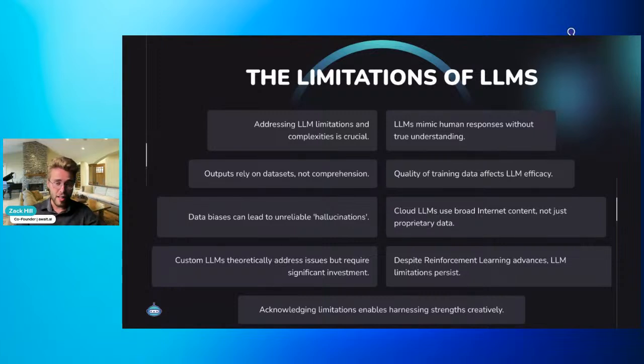While often compelling, their outputs come from vast data sets rather than genuine comprehension. The efficacy of LLMs is deeply intertwined with the quality and scope of their training data. Inaccuracies or biases within this data can lead to outputs known as hallucinations, challenging the reliability of LLM-generated content.